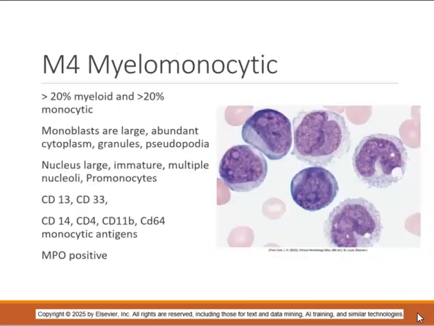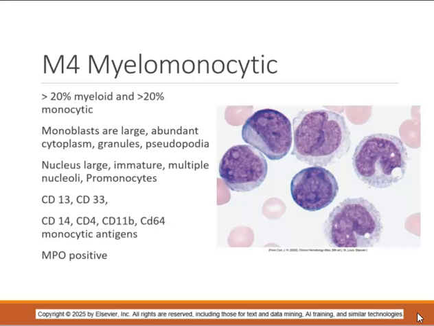M4 is myelomonocytic. Again, it has a myeloid and monocytic kind of look to it. So it's more monocytoid nucleus, more myelocytic kind of cytoplasm. Usually the monoblasts are pretty large with a lot of cytoplasm. They have what's called pseudopodia. In other words, little fake pseudopods, little blips in the cytoplasm sticking off.